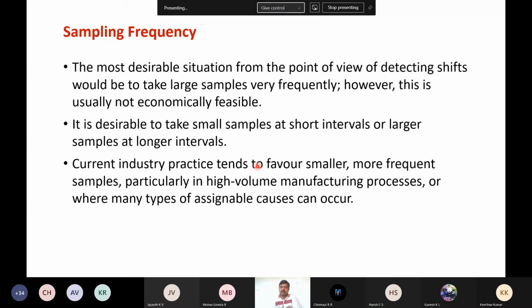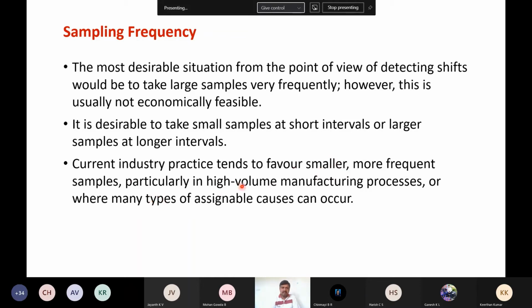During that period you may end up producing defective products. In order to avoid that, industries always prefer to go for smaller samples, but pick them more frequently.